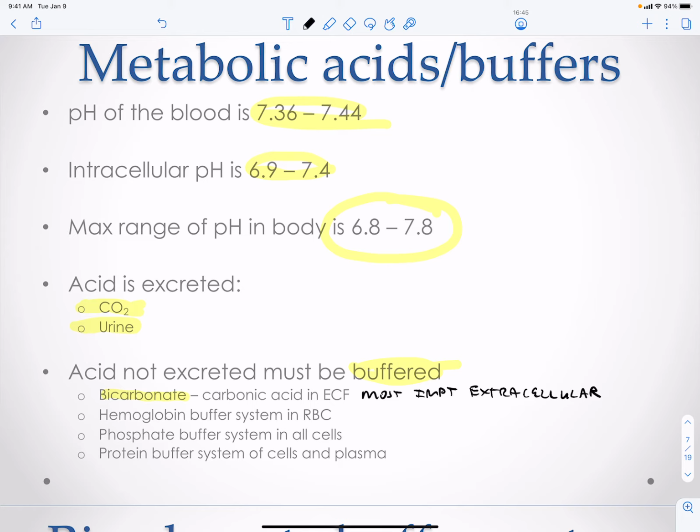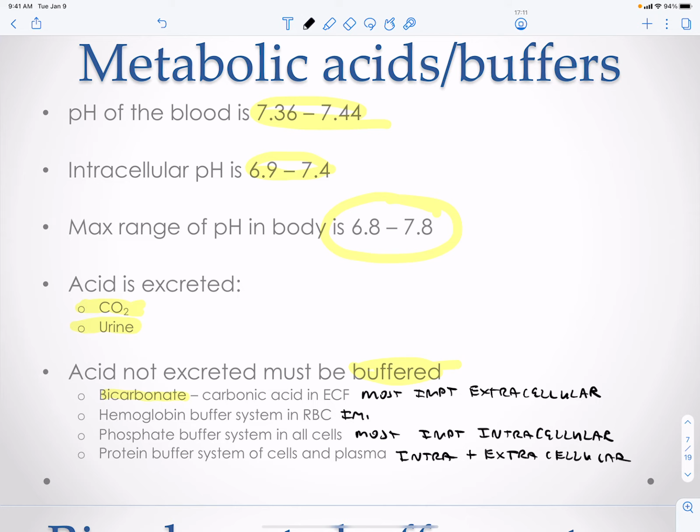We have the phosphate buffering system in all cells, and this is the most important intracellular. And we have a protein buffering system of both cells and plasma. So this is both intra plus extracellular. And I'll put here important to buffer blood pH.